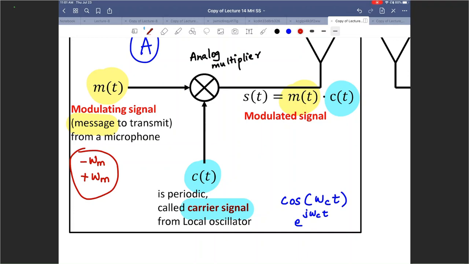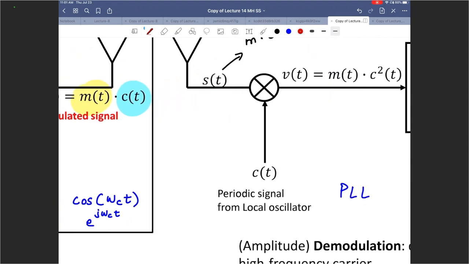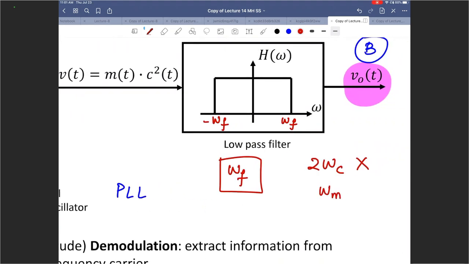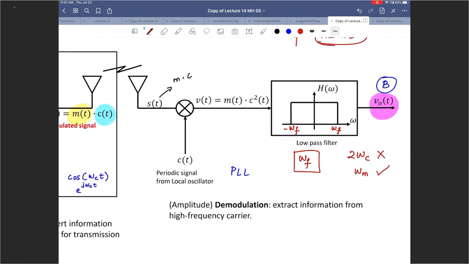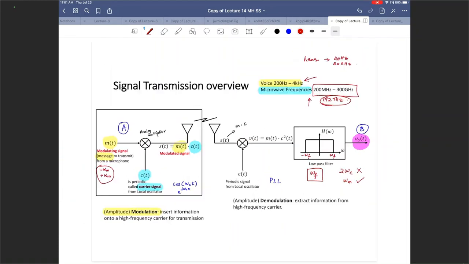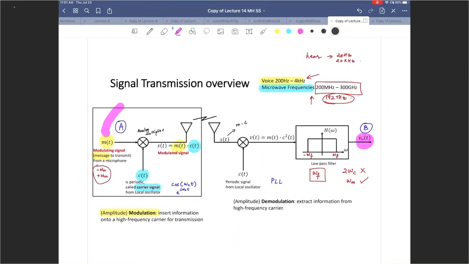Omega m refers to the highest radian frequency in the message. So omega m will have to go through, but the 2 omega c term will need to be rejected. And that's how you would choose omega f, the cutoff frequency of the low pass filter. And if you did all of that, you get v sub o of t. And if we did everything right, then this has to match with that, right? So that's in a nutshell all the various aspects of communication system that we are going to look at here.